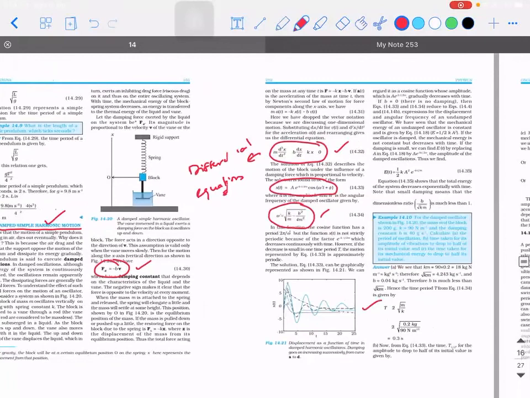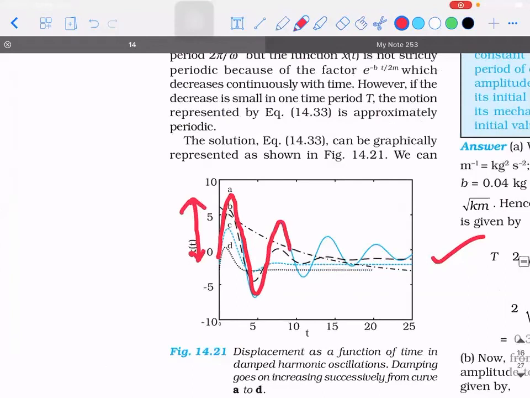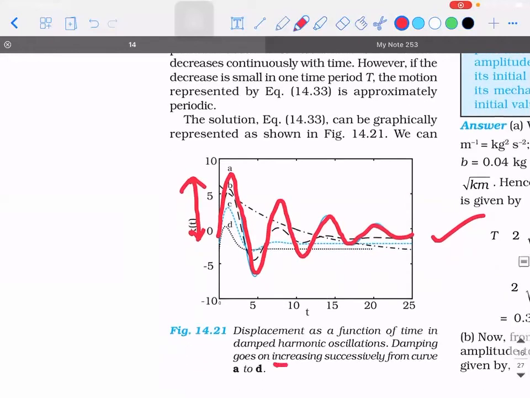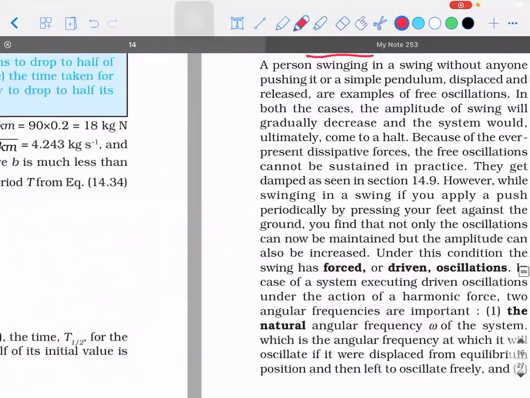Initially there is an amplitude existing, the distance from the bottom to this portion. As the amplitude keeps decreasing with time, this kind of motion is called damping. Damping goes on increasing successively from curve A to D. If you know this, it is more than sufficient.